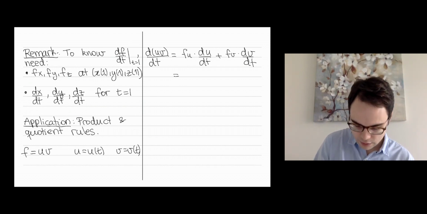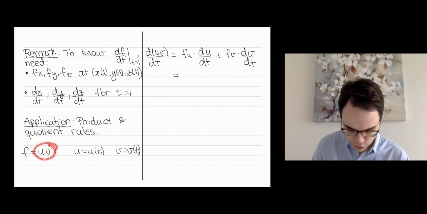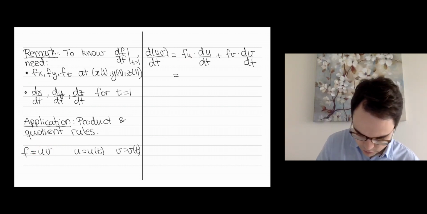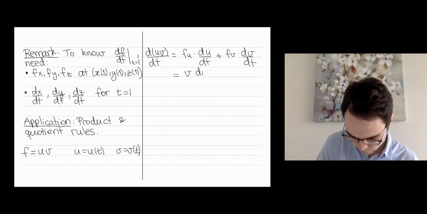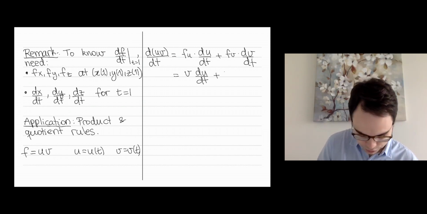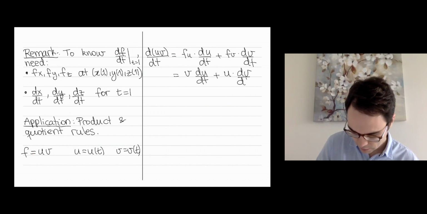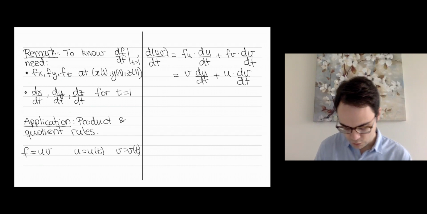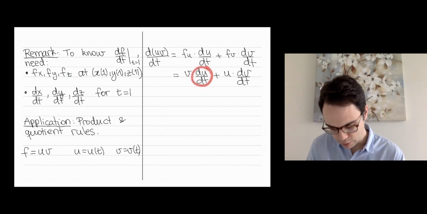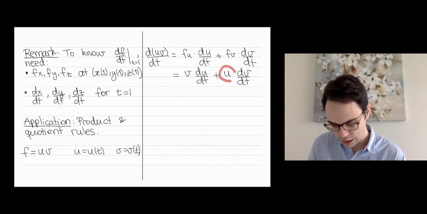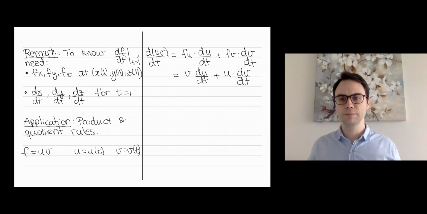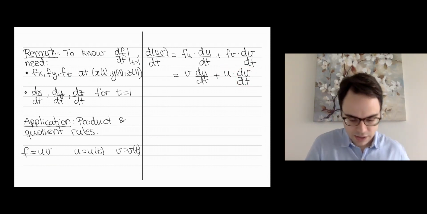Now f is the function u times v, so the u partial is just v, and the v partial of f is just u, and you multiply that by dv dt. Voila, you just differentiate one and multiply by the other, and then differentiate the other and multiply by the one. So that's the familiar thing.